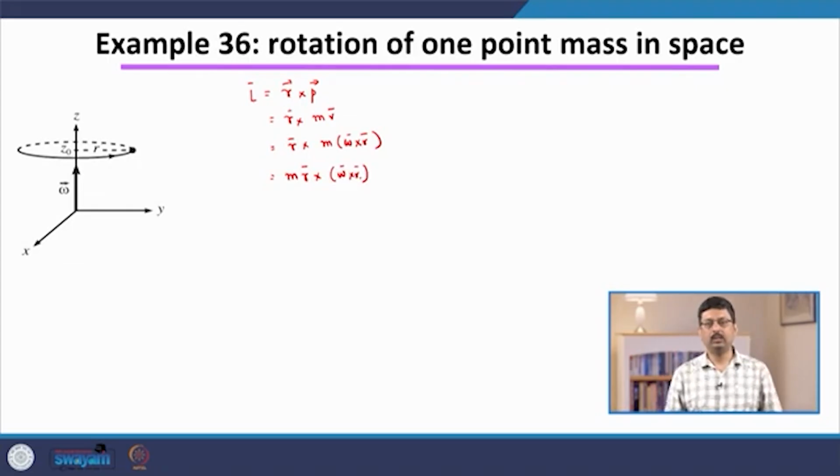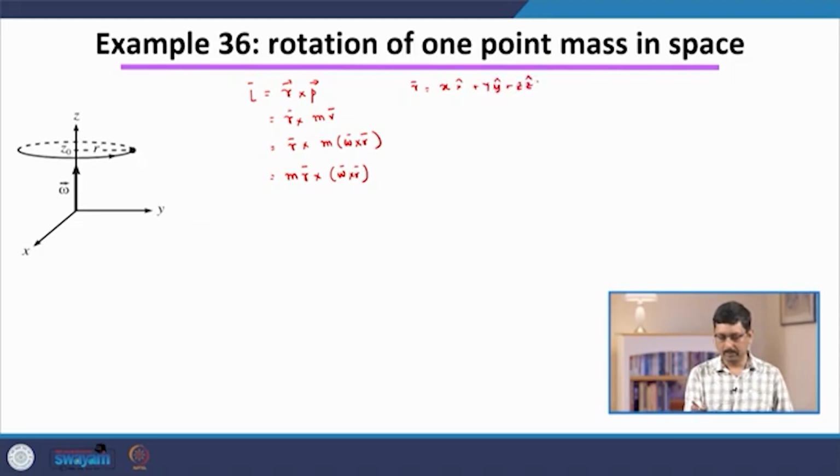Let us work out this double cross product component-wise. So, let us say what is r. So, r is x, y and z.